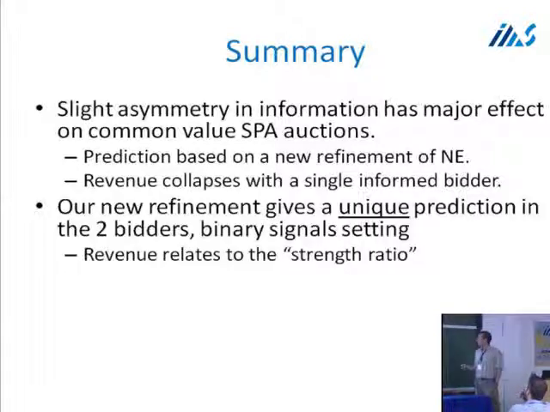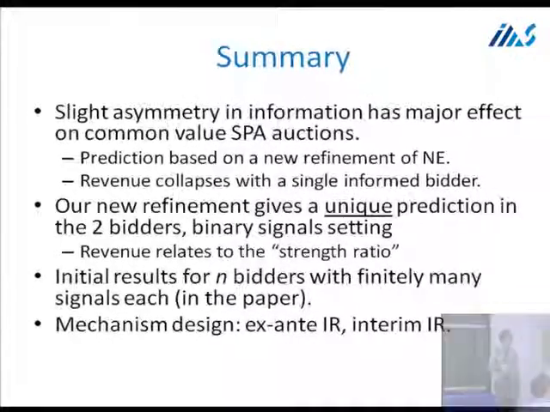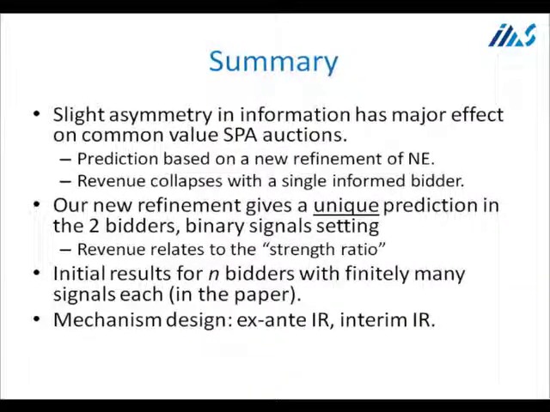And for the two bidders binary signal case, we were able to come up with a unique prediction, and I think that's the first step, of course, in trying to analyze the general case when you have many agents and each one of them has many signals. And we made some progress on that. Under some condition, we are able to present a strong Tremble robust equilibrium, but we don't have a general result. And I've briefly talked about the mechanism design aspects of this problem. Okay, so thank you.